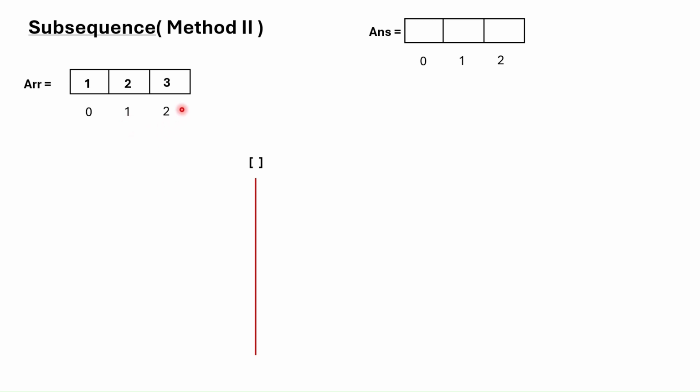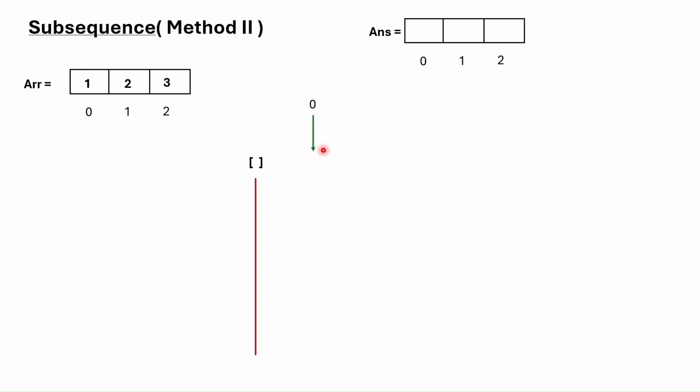But this time, we will be looking from the answer's point of view, that is the subsequence point of view. So this time we will ask what all things I can put at this index of my answer, what all things I can put at this index of my answer. So let's now begin.